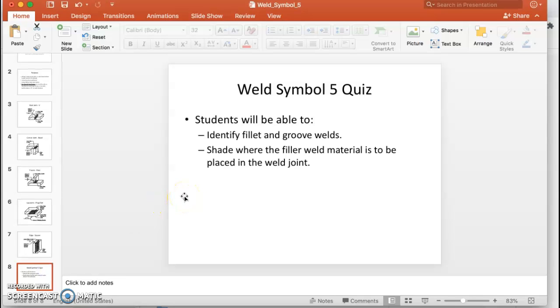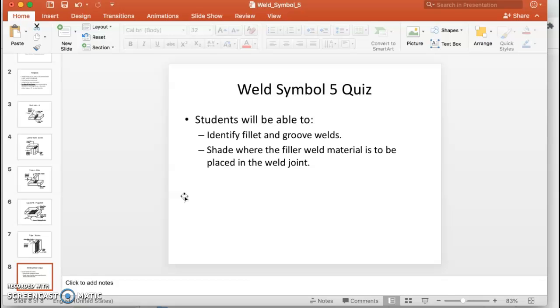So for your homework and for your quiz, what you're going to be asked to do is identify different fillet and groove welds. Not so much shading anymore. You're just going to be identifying where that weld is going to be placed, whether it's on the arrow side, other side, both sides. We might ask you to identify what type of weld this is and where it goes.